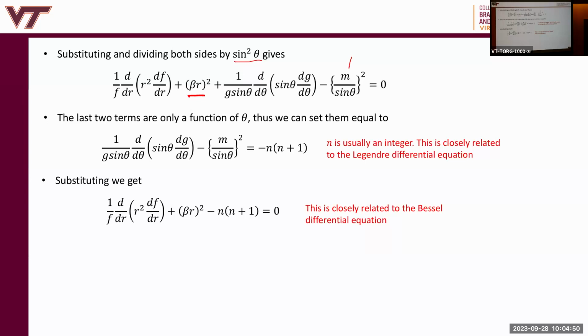What do we notice here? This term and this term are functions of theta only, right? This term is not a function of theta. So we can set all of that to a separation constant. We're going to call that separation constant minus n times n plus 1.